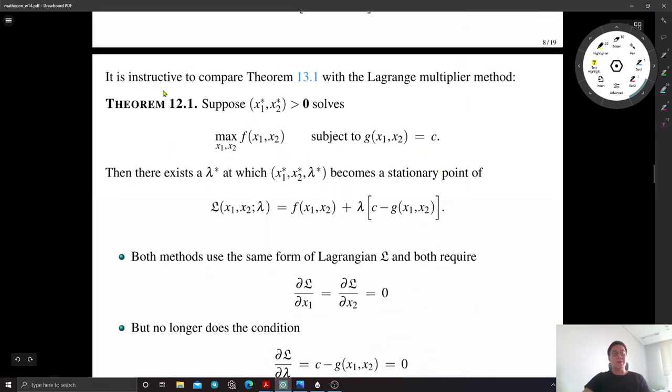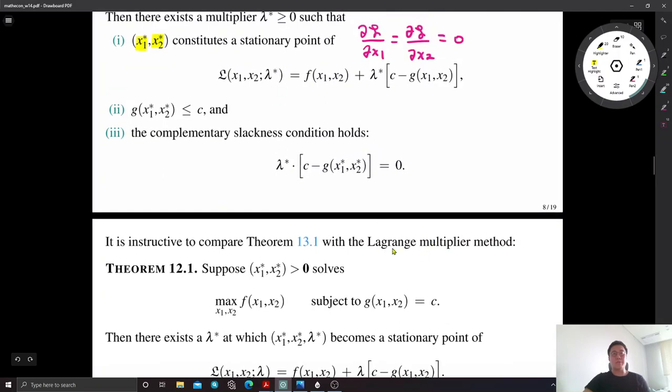It is very useful and instructive to compare this Kuhn-Tucker condition with the previous Lagrangian multiplier method. Remember, the Lagrangian multiplier method was used to find a candidate for a solution in the presence of an equality constraint, and the Kuhn-Tucker condition is used when we have an inequality constraint.